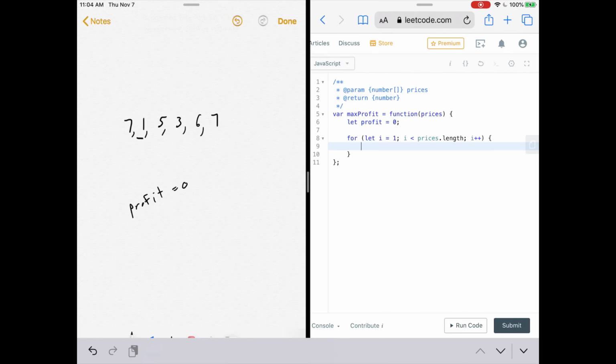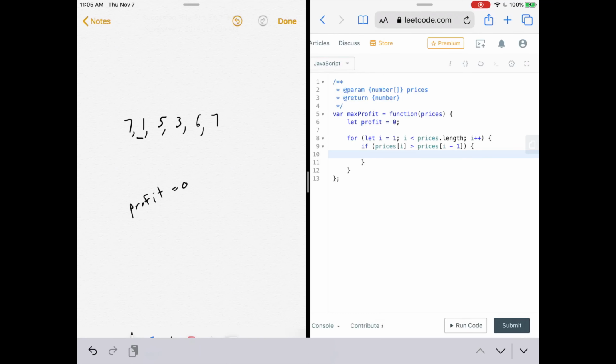Now we're going to say if the price we're on, so if prices[i] is greater than the price to the left of it, so prices[i - 1]. And if you look to the left, that's actually not the case where we are because 1 is not greater than 7.